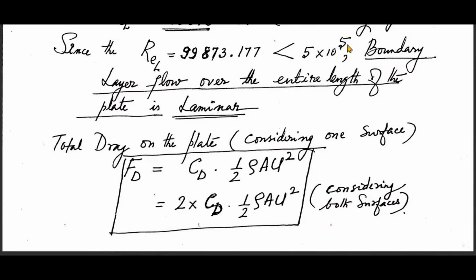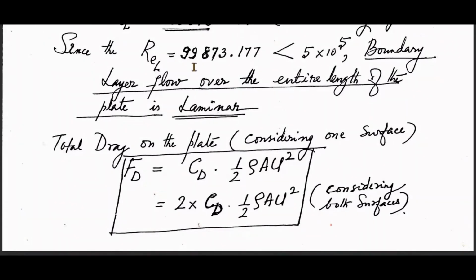This is the critical value we take. We will not take 3 into 10 raised to 5 unless it is specified in the question. For checking whether it is laminar or turbulent, you can use 5 into 10 raised to 5. Below that you can write laminar, and above 5 lakhs you can write purely turbulent, just to avoid the transition zone.